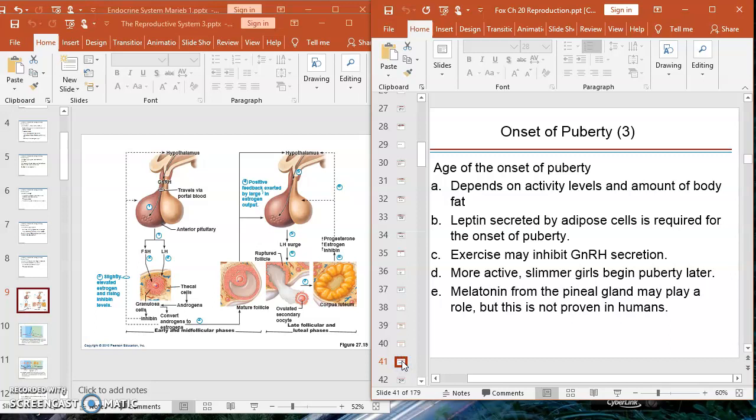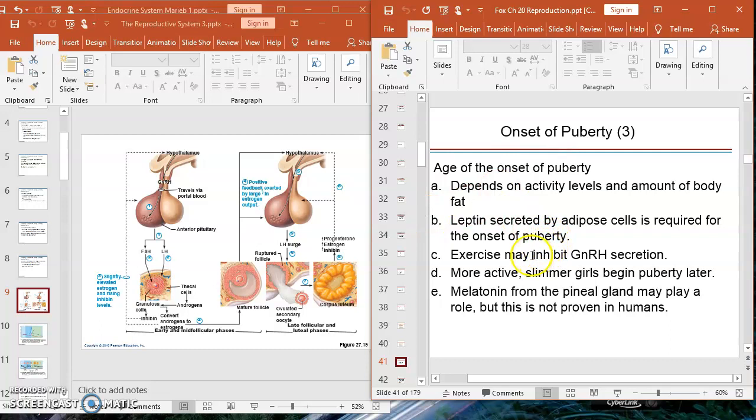Age of onset of puberty. Age of onset depends on activity levels and the amount of body fat. Leptin is a hormone secreted by fat tissue. It is very important in development, particularly in the female. So a female needs a certain amount of body fat in order to stimulate this puberty.